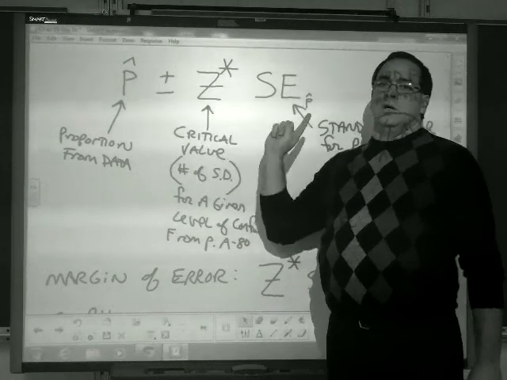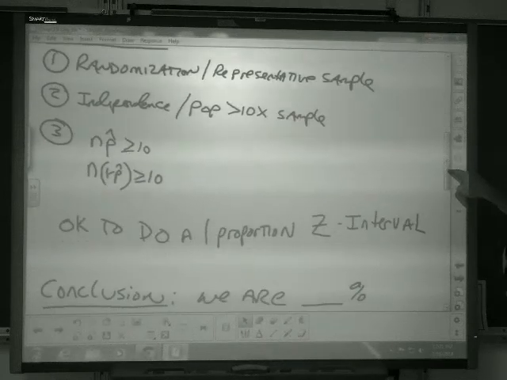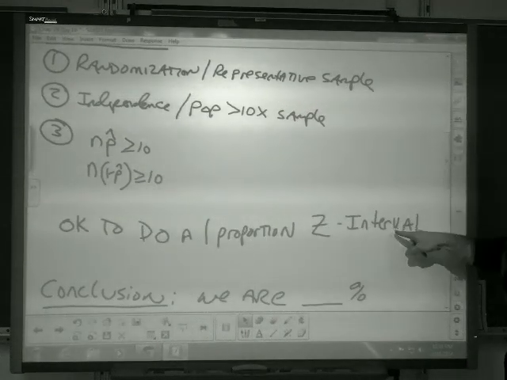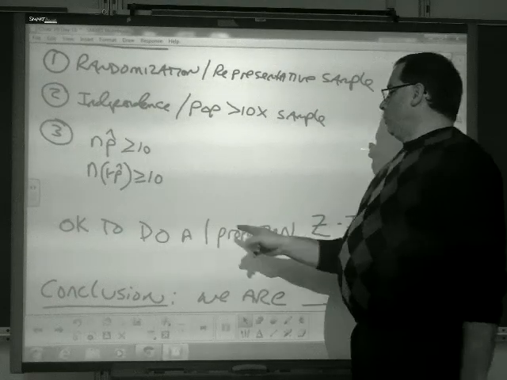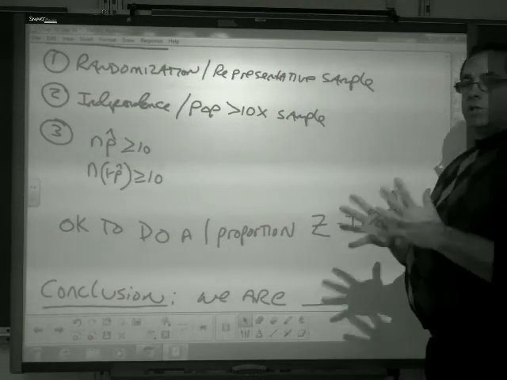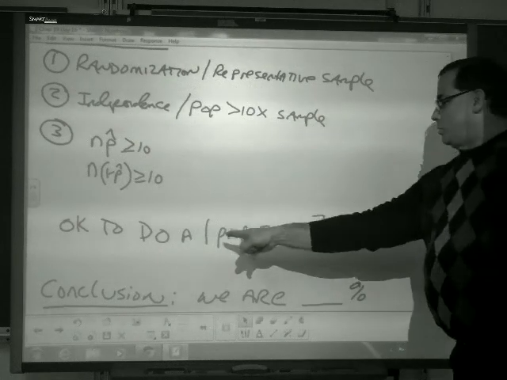Confidence interval. So how do we say that? We say that we are doing a 1 proportion z interval. We say it's okay to do a 1 proportion z interval. So that's why we're going to change the way we say what we're doing. Now we're being a little bit more specific.